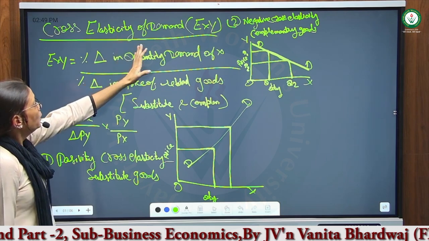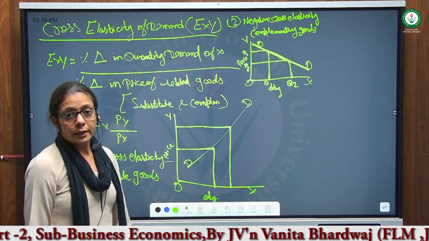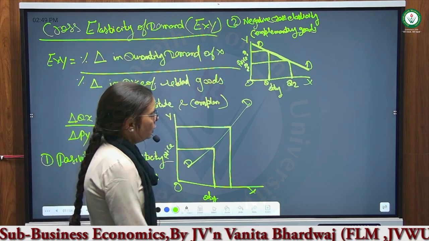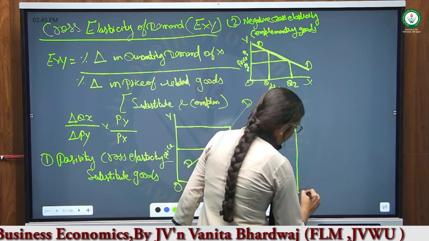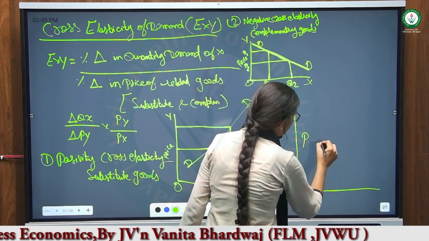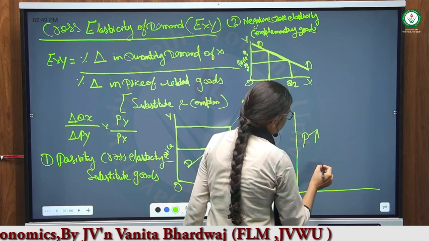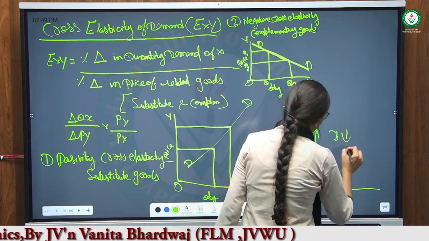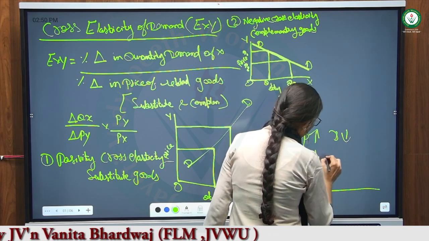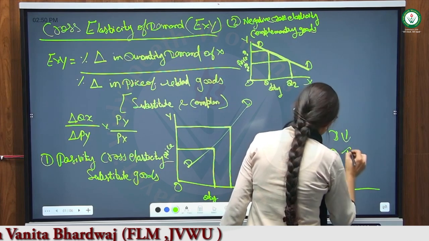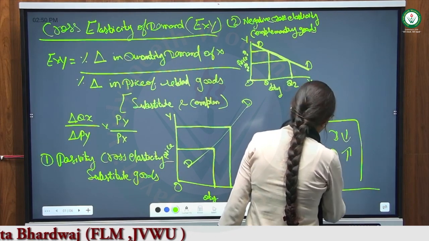In last class we discussed the price elasticity of demand. According to the law of demand, when prices go up, demand goes down, and when prices go down, demand goes up. This is the statement of the law of demand.